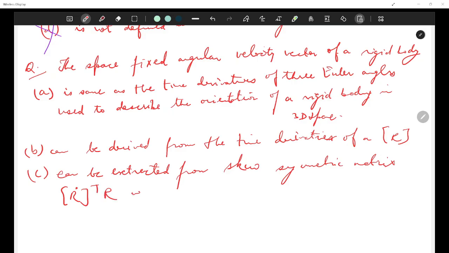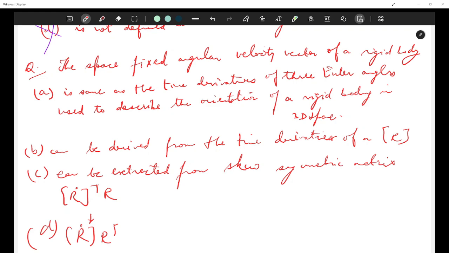And R dot and R, you already understand that, right? They are the time derivative of the rotation matrix and the rotation matrix of the rigid body in 3D space respectively. And in the other option we have the same thing, but with R dot R transpose.